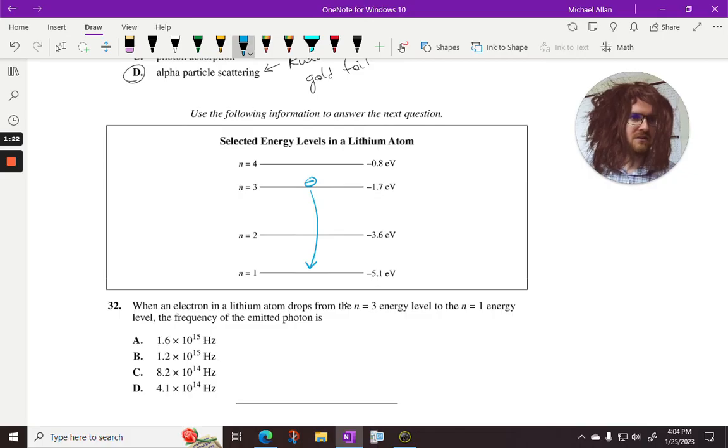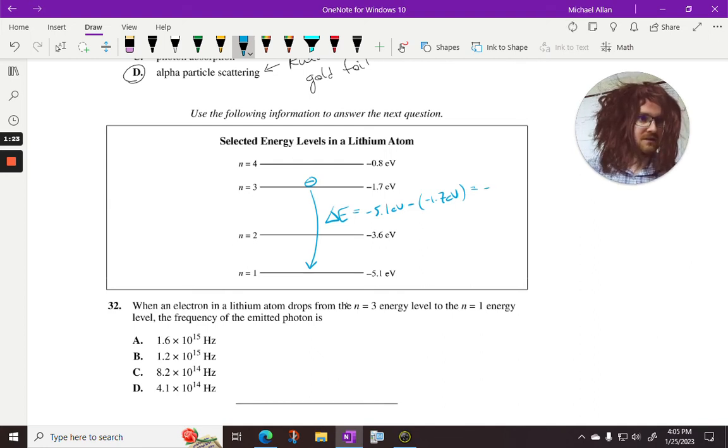All right. So that change in energy is what's going to be needed, because where that electron energy goes, it's got to go into a photon. So if I can find the change of energy, which would be final minus initial in this situation. If I include the negatives, you'll see that the change of energy is negative, which makes sense because the electron is losing the energy.